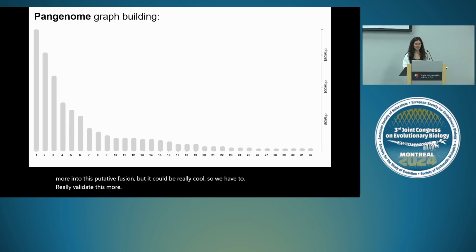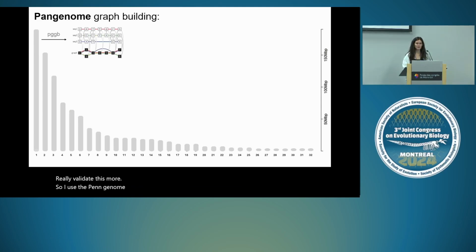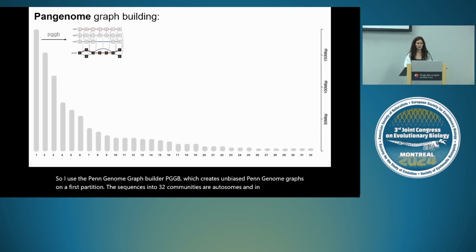So I used the pangenome graph builder PGGB, which creates unbiased pangenome graphs. And I first partitioned the sequences into 32 communities or autosomes. And in brief, the main steps are performing pairwise sequence alignments, a graph induction step, and then a progressive normalization of the graphs.